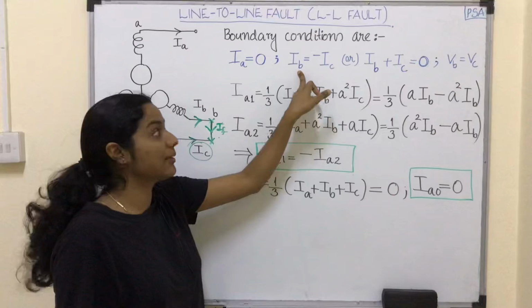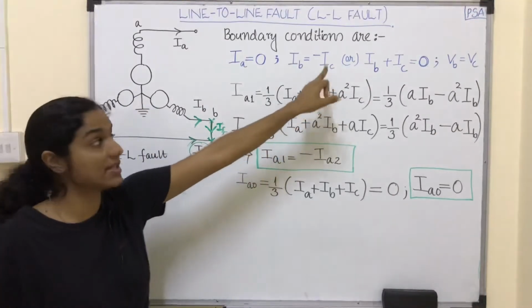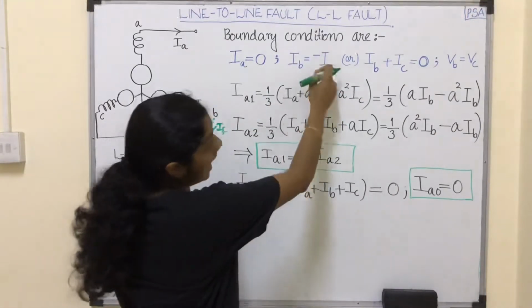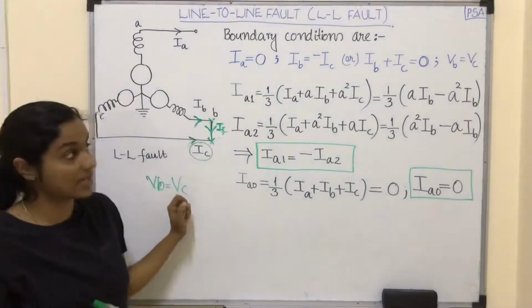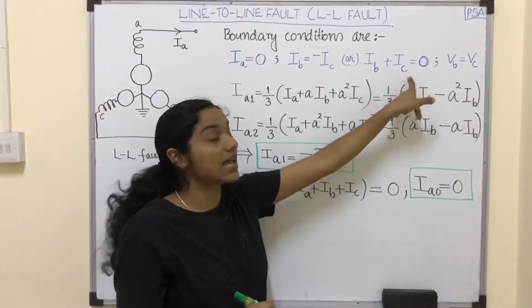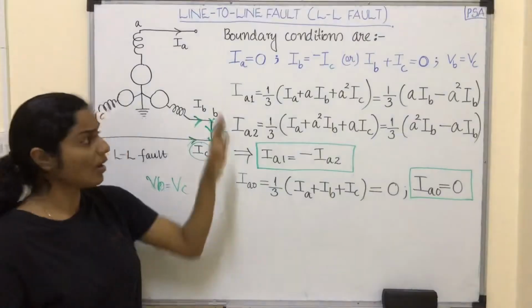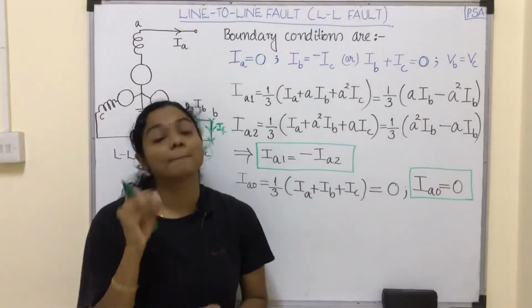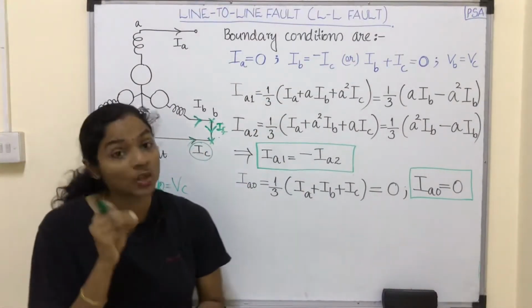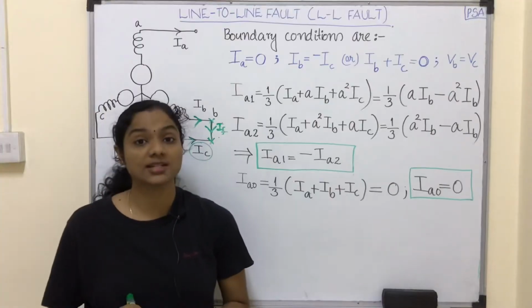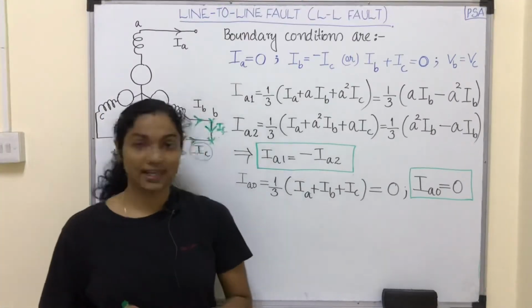That means IB is equal to minus IC, or if we take IC to the LHS of this equation, we can write IB plus IC equal to 0. So these three are the boundary conditions. Now we will use these three boundary conditions to analyze the LL network.